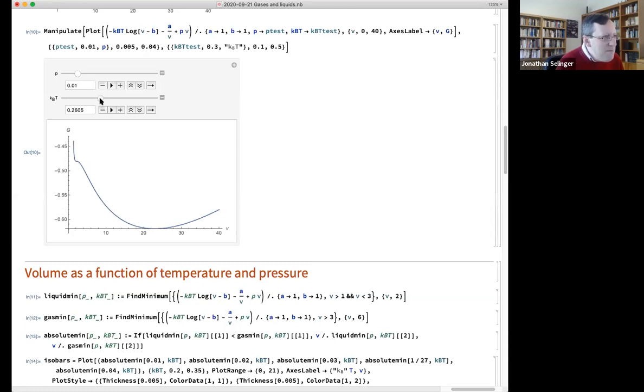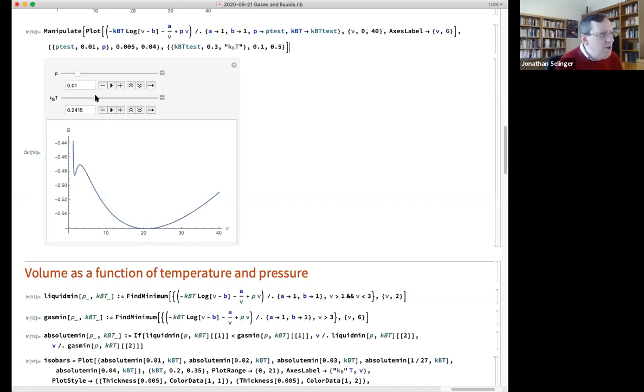Now, let's keep reducing the temperature further and see what happens to this funny looking feature. It's turning into another minimum. It's not the absolute minimum, but it is another local minimum of the Gibbs free energy. The absolute minimum is still over here, shifting smoothly.